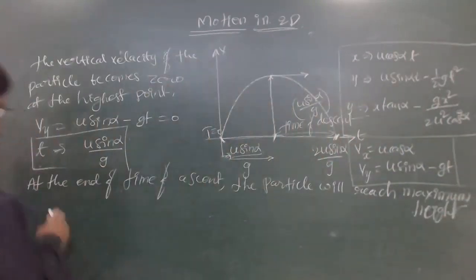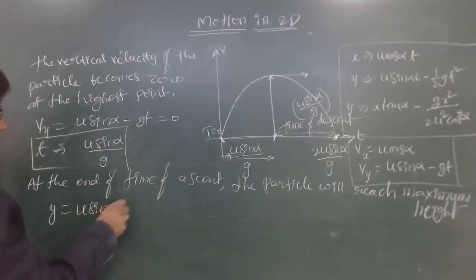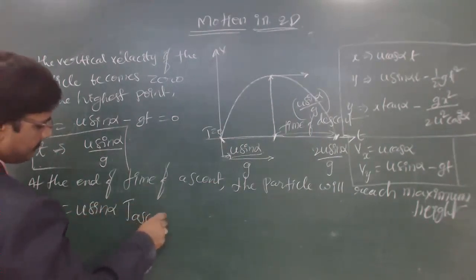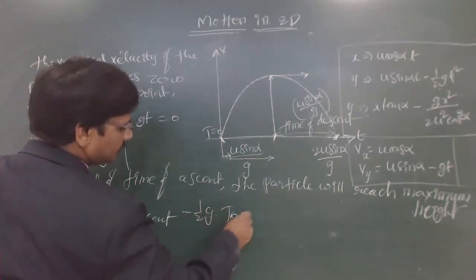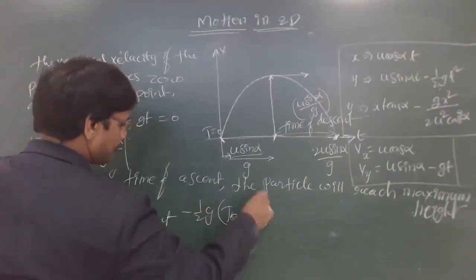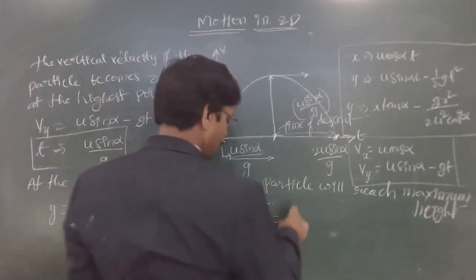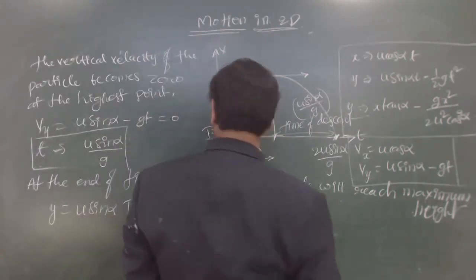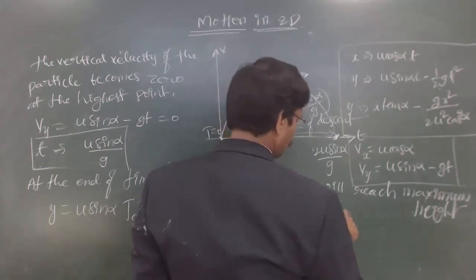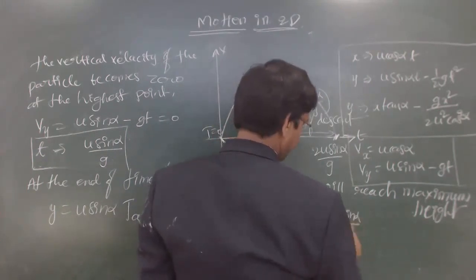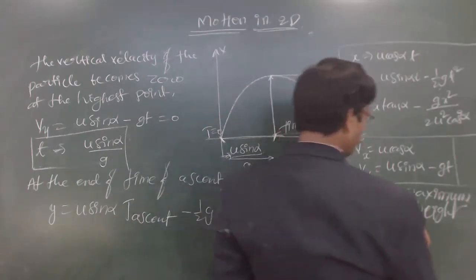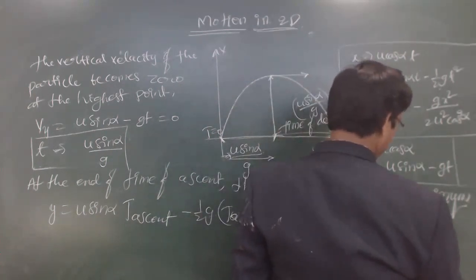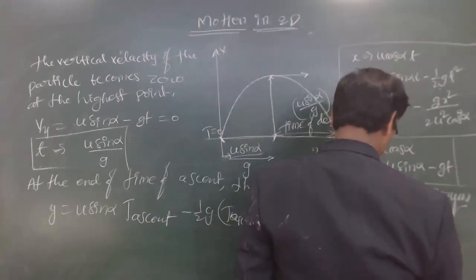So y is equal to u sin alpha into t ascent minus half g into t ascent square. u sin alpha into t ascent is u square sin square alpha by g, minus half g into u square sin square alpha by g square.